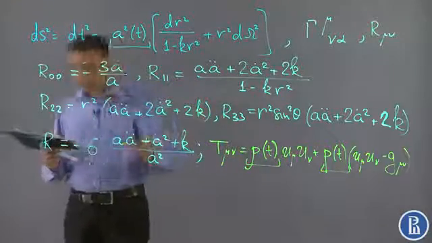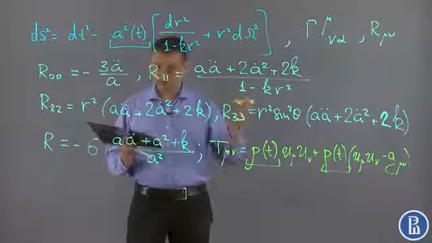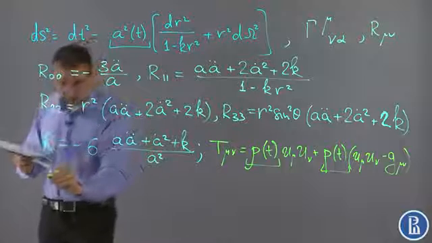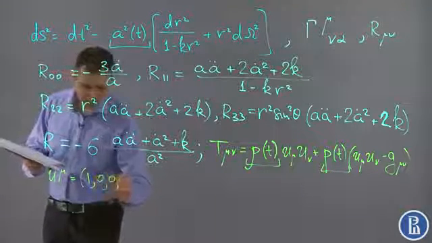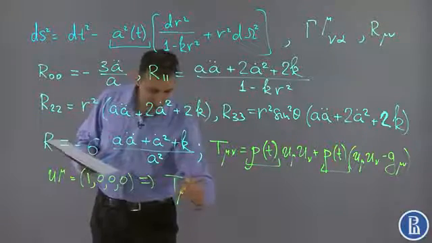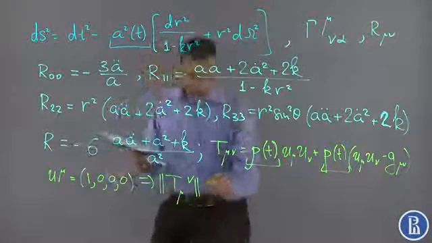In fact, in the comoving frame, the free-falling matter in this metric has the following four-velocity vector: 1, 0, 0, 0. And as a result, this form of the energy momentum tensor has the following matrix.